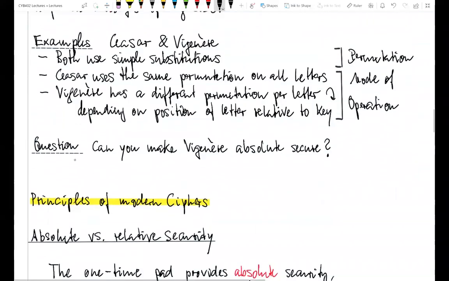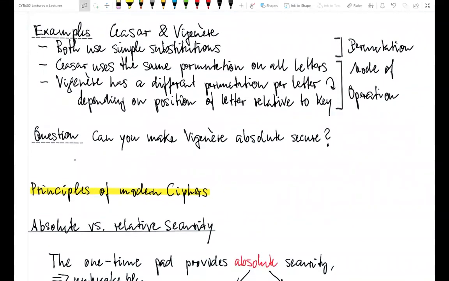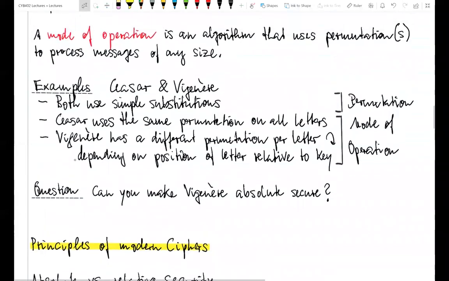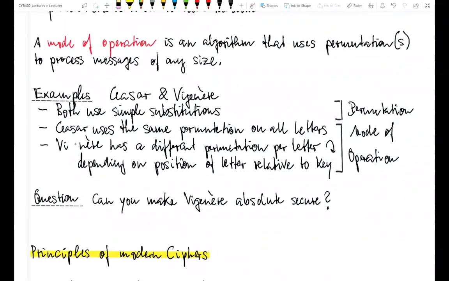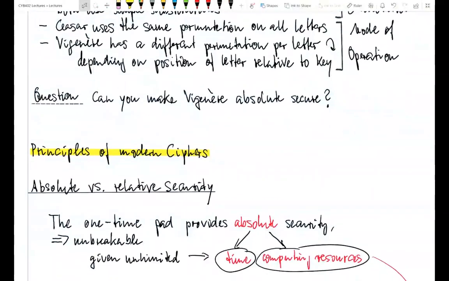Okay, so one quick question to check on your understanding: can you make Vigenère absolutely secure? Well, anybody? Oh, yeah, you can't answer. So it turns out that if you make the key as long as the plain text in Vigenère, and the key is totally random bits, Vigenère is actually morphing into the one-time pad, and as such, it would be absolutely secure.